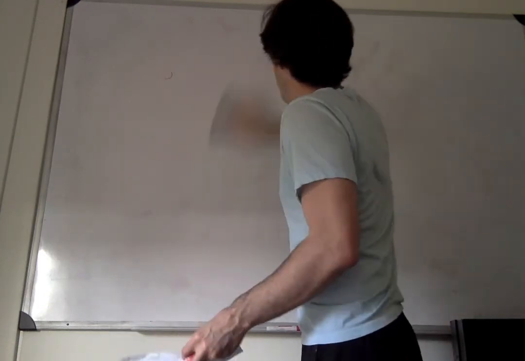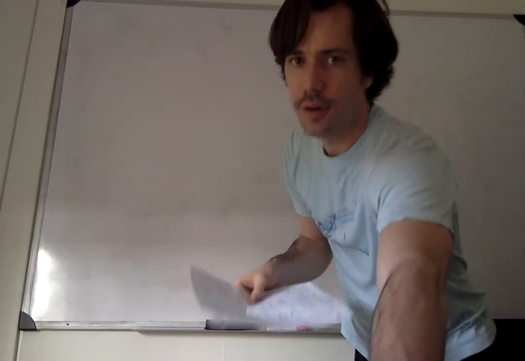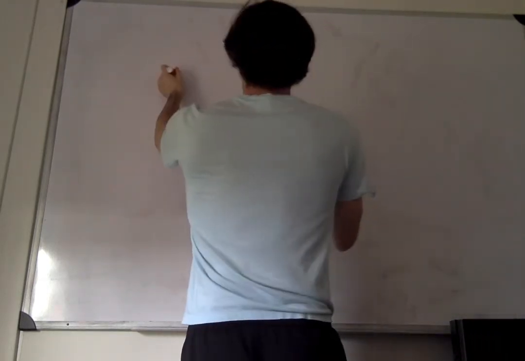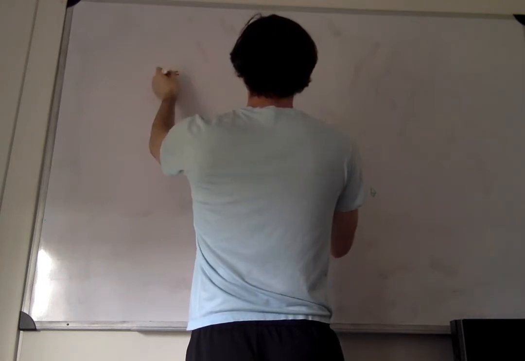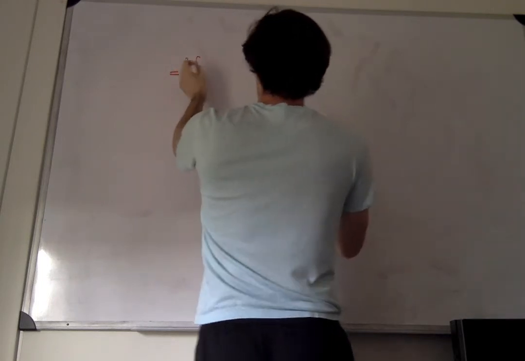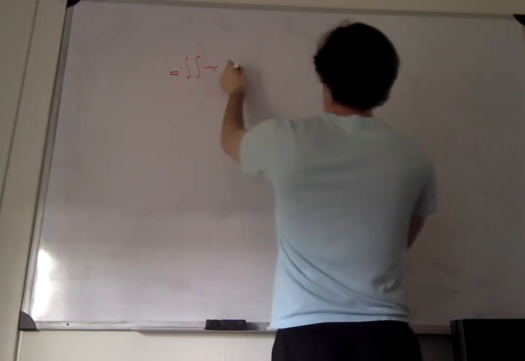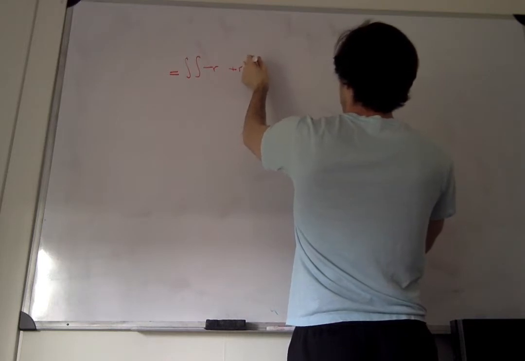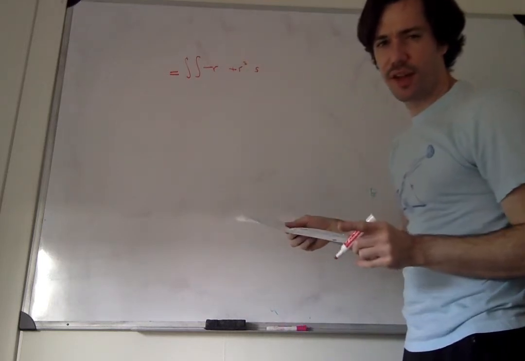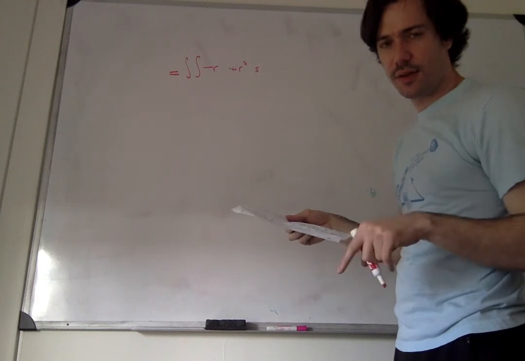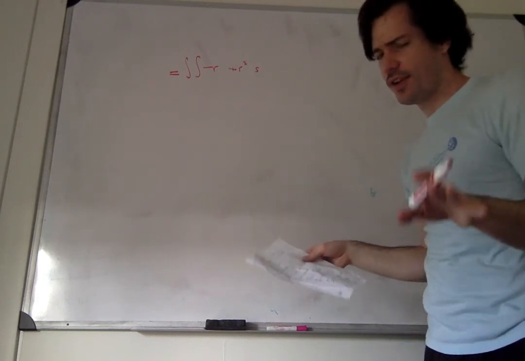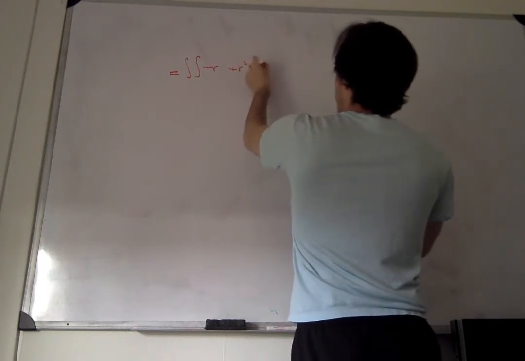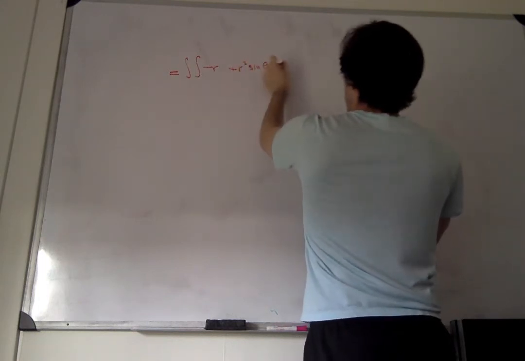So this should equal minus r plus r squared. I think I may have written cosine. It should have been sine because I had y, and y is equal to r sine theta, not cosine. So if I wrote cosine, apologies. So sine theta, dr d theta.